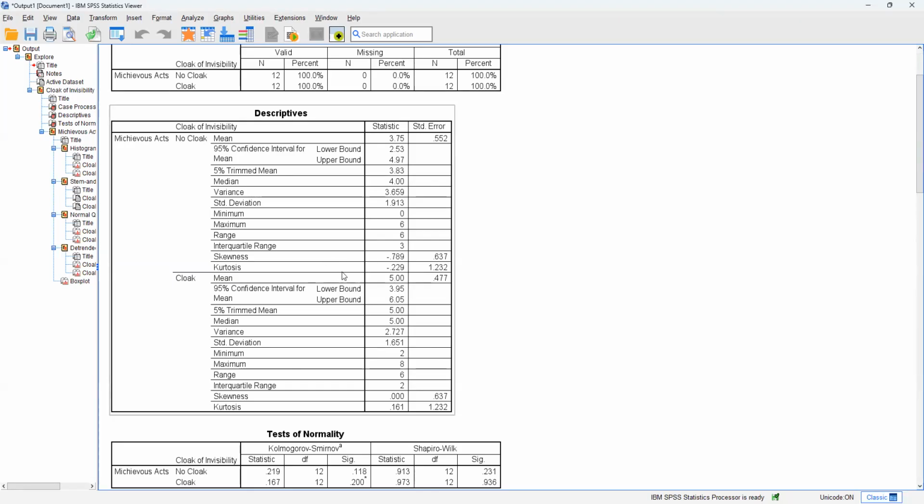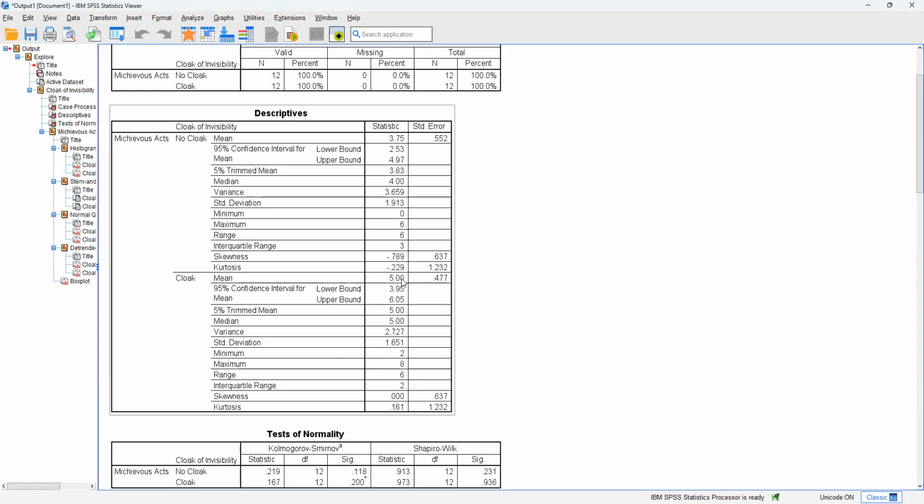If we take a look at the skew and kurtosis statistics, we're looking for a ratio of 3 to 1 or more for the statistic to the standard error, and for the no cloak condition skew it's closer to 1 to 1.